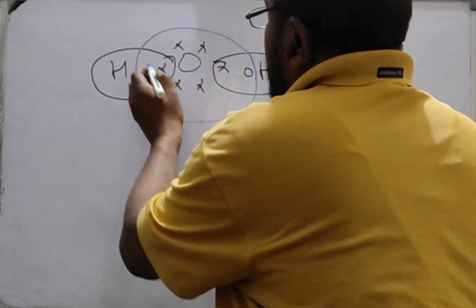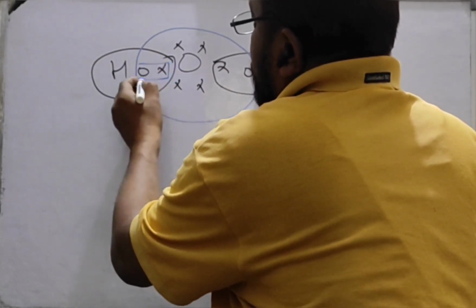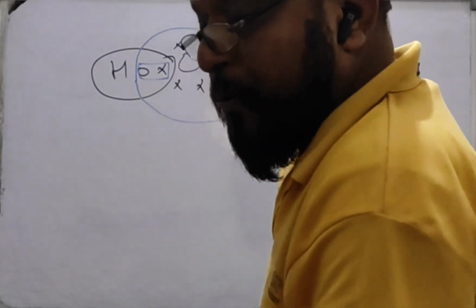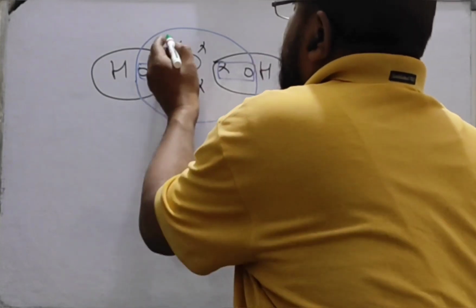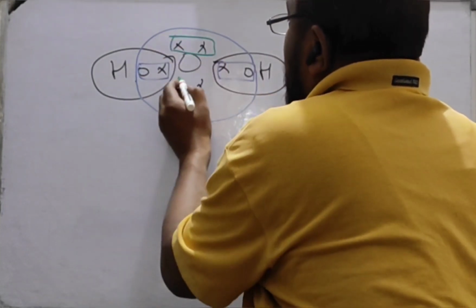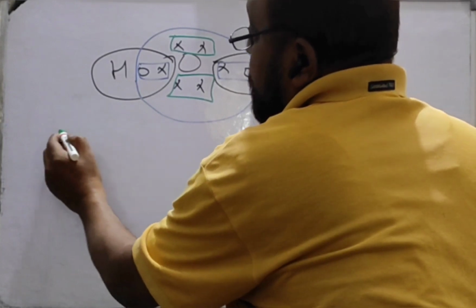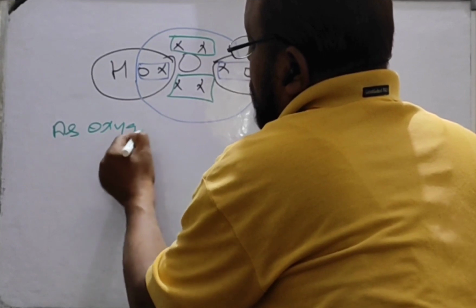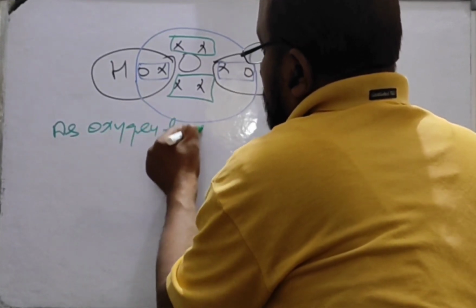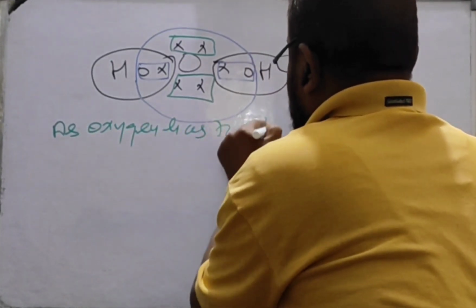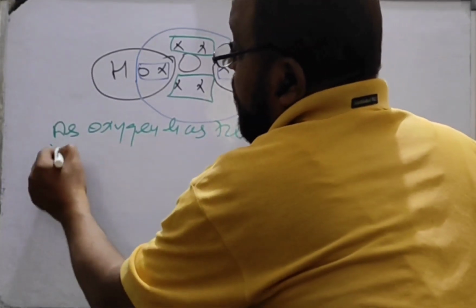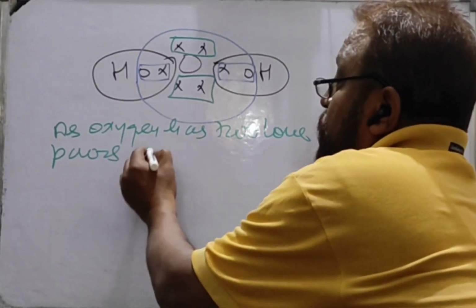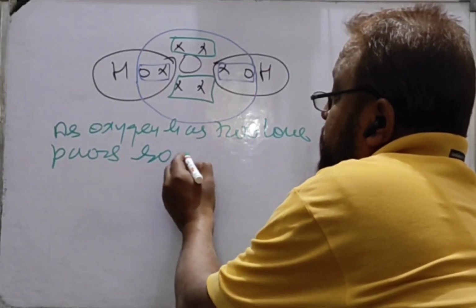So here for bond formation, these are shared electron pairs, and since the oxygen atom has two lone pairs, the electron charge density is more on oxygen as compared to hydrogen.